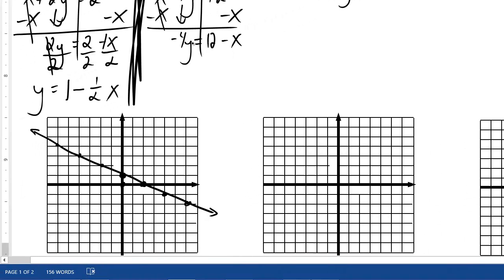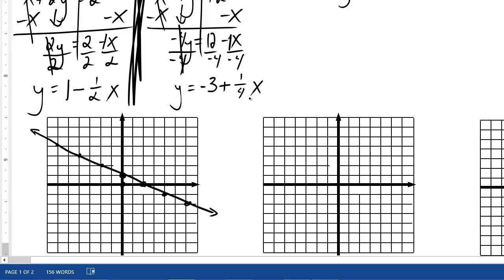Now, last step, we need to get y by itself, so we divide both sides by negative 4. That'll cancel, and we'll get y equals 12 divided by negative 4 is negative 3. Negative divided by negative is positive. And then now we have a 1 here, so that's going to be positive 1/4 x.